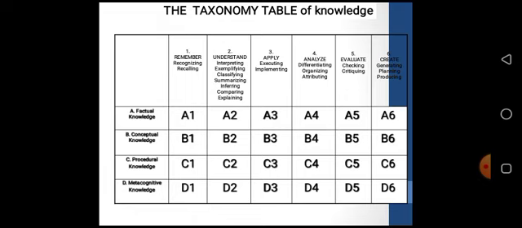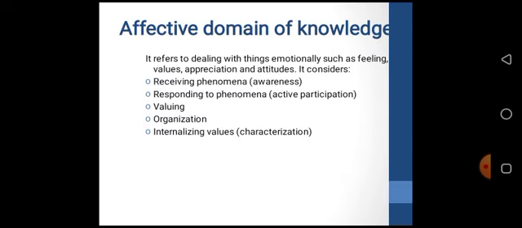Okay, let's continue. We have what we call affective domain of knowledge. What is affective domain of knowledge? It refers to dealing with things emotionally, such as feeling, values, appreciation, and attitudes.